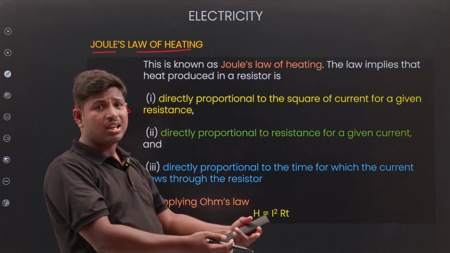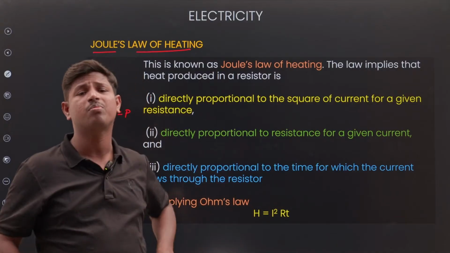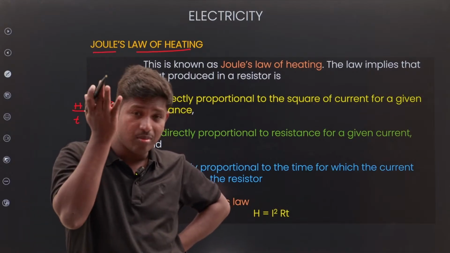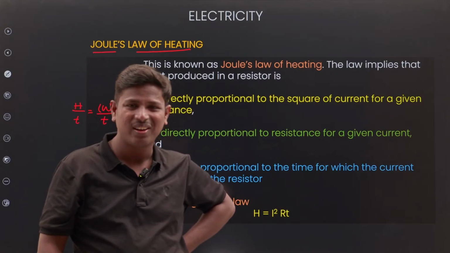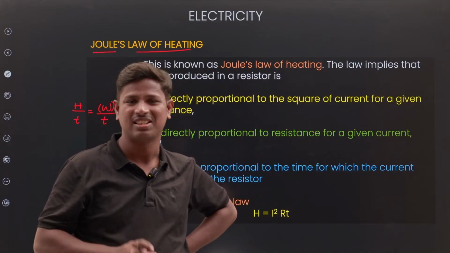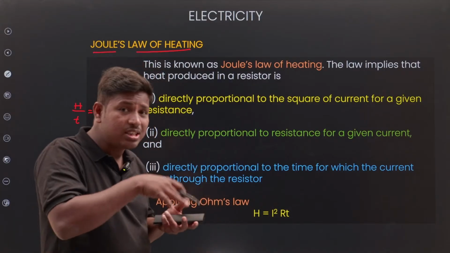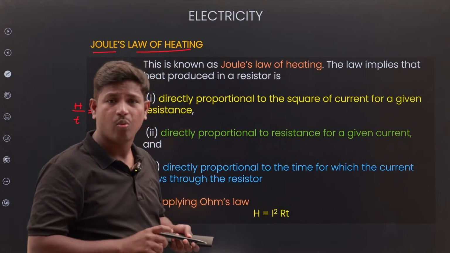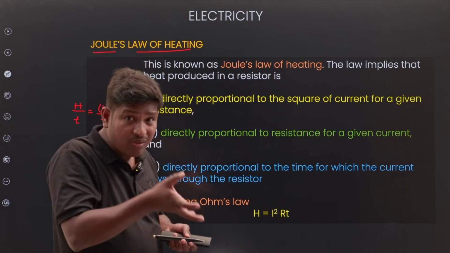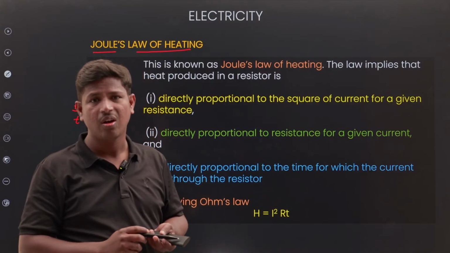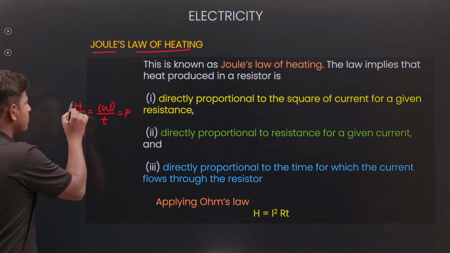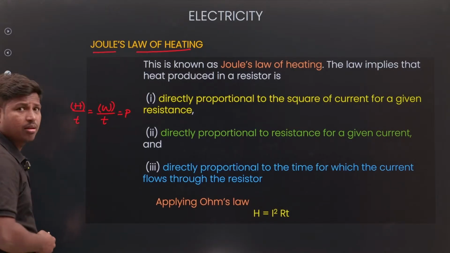How much work is done, that much heat is produced. If continuously riding a bike, work is going on, and because of that work only, heat is generated. So H by time is equal to power.